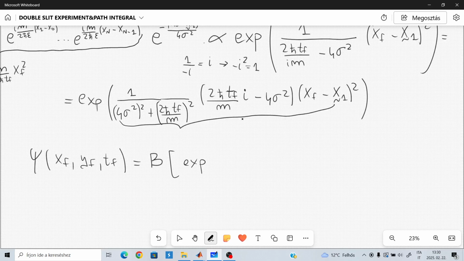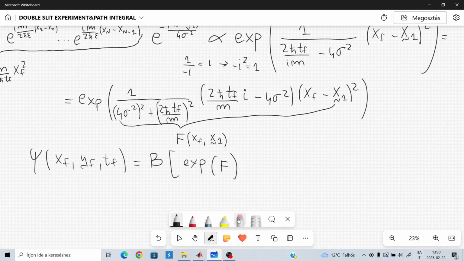Let me write this as exp of, let's call it capital F, which is a function of xf and x tilde 1.